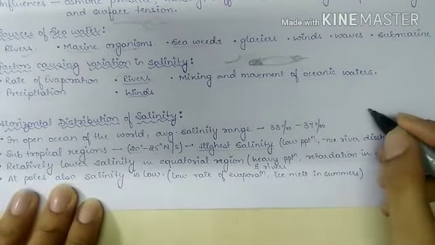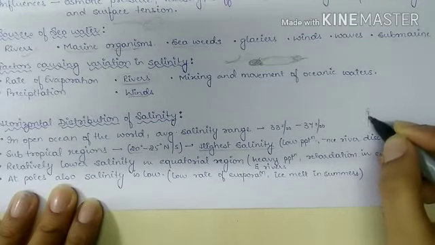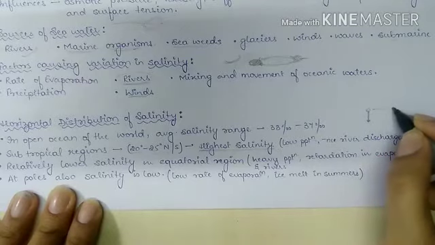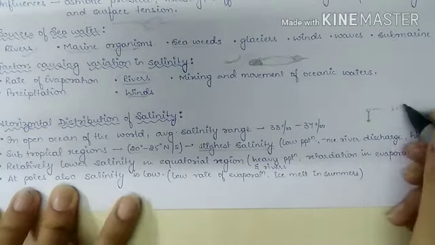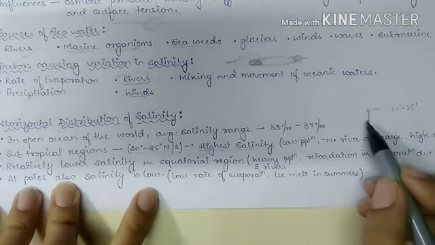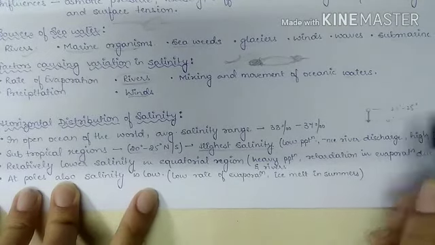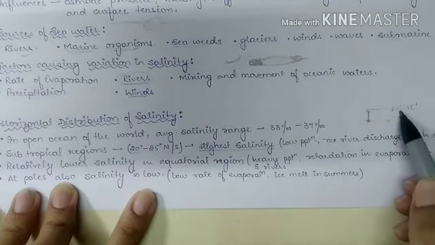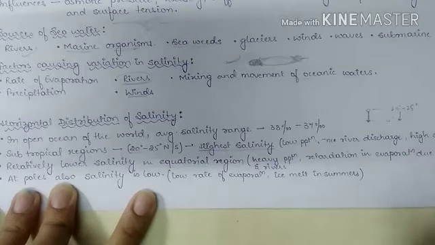And as we go towards the equator side, that is lower latitude, from 20 to 25 degrees latitude to 0 degree latitude, the salinity will eventually decrease.